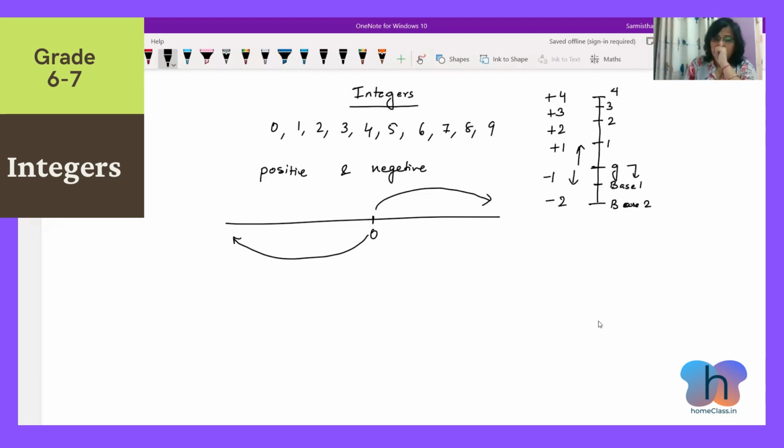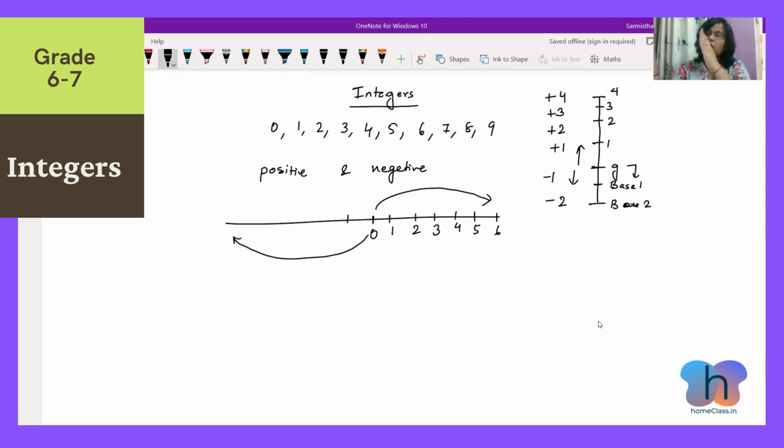So whenever I draw here 1, 2, 3, this is 4, this is 5, this is 6 like this, and here whenever we go to the left hand side, 0 is the midpoint, it is neither positive nor negative. If we move towards the right hand side from 0, we are moving to the positive side.